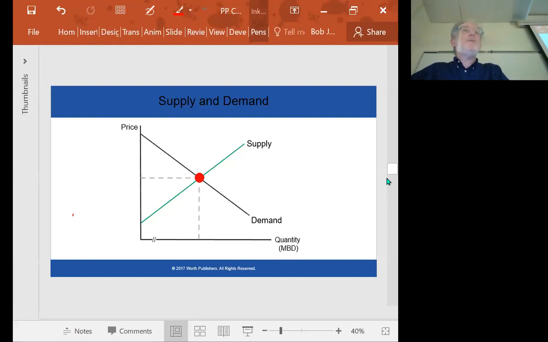When you're doing a supply and demand problem, read the question and then draw a graph, and then use the graph to figure out what the answer is. Do not expect to read the question and immediately say, oh, I know the answer. You're not supposed to do that.